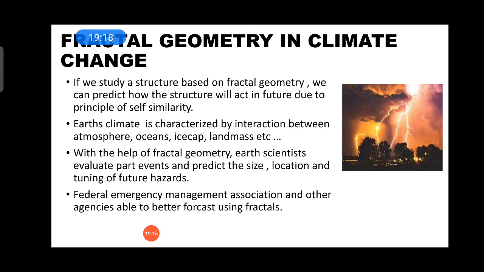In the past, Earth scientists have relied on statistical methods to forecast natural hazard events. But when they started using fractals, they found that these patterns contain a level of information that has never been seen using statistical methods.